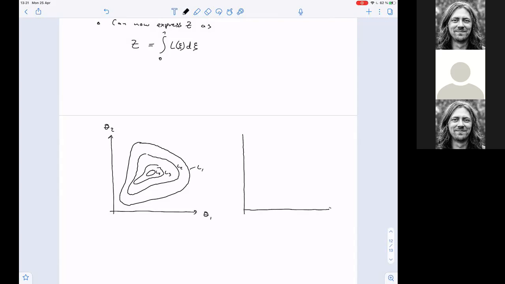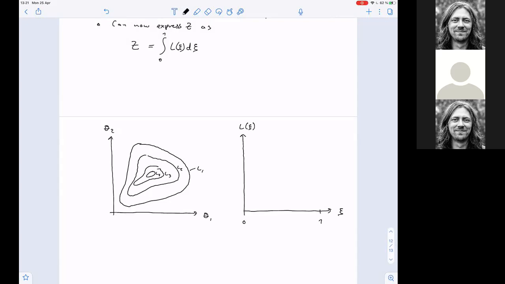And then if I now plot a one-dimensional function of prior mass from 0 to 1, and make a plot of this L of psi, then we know that the likelihood value that contains all of the prior mass is the likelihood value of 0. The value of likelihood that contains 0 of the prior mass will be the maximum likelihood value.